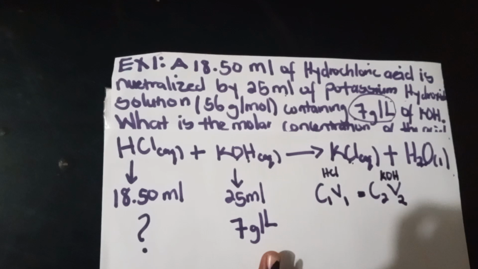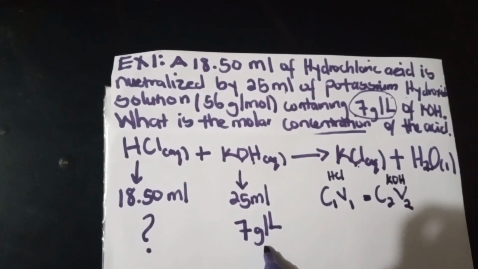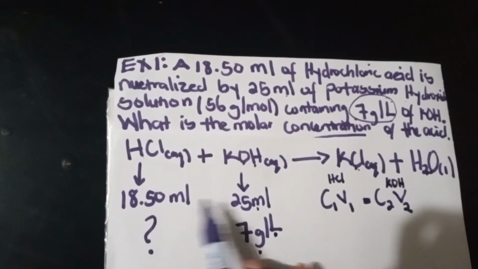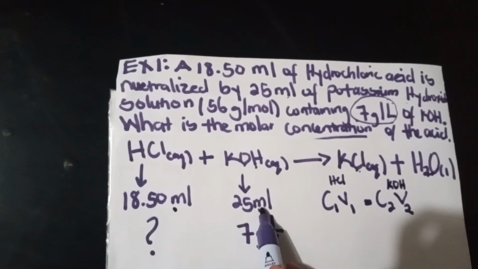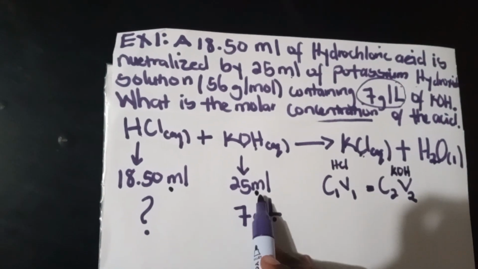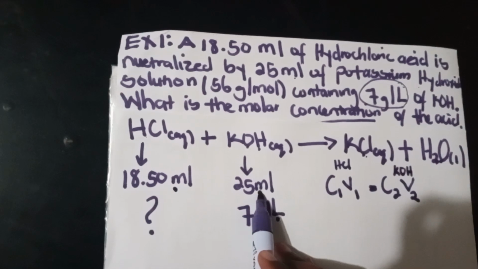But here is a challenge: this concentration is in grams per liter, and our volumes are in ml. It is going to affect our result, so we have to convert these milliliters to liters.